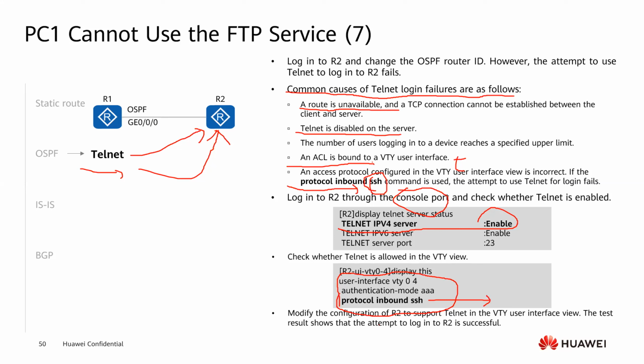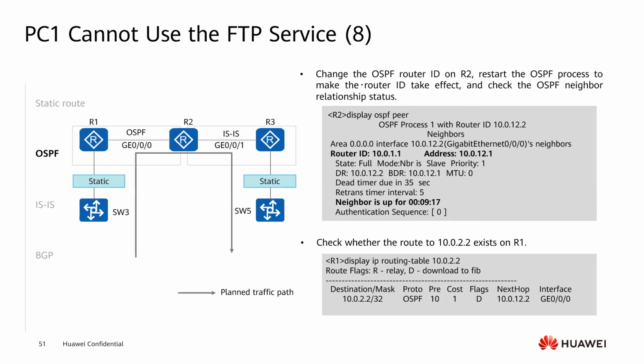So we must change the command to protocol inbound telnet. Then we can telnet to the device successfully. Then we configure the router ID on R2 and restart the OSPF process to make the router ID take effect. We must restart the OSPF process.